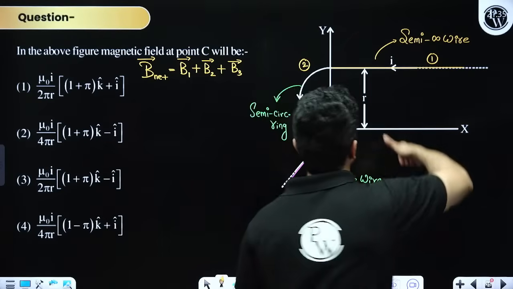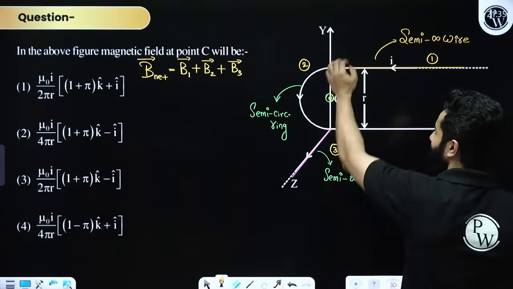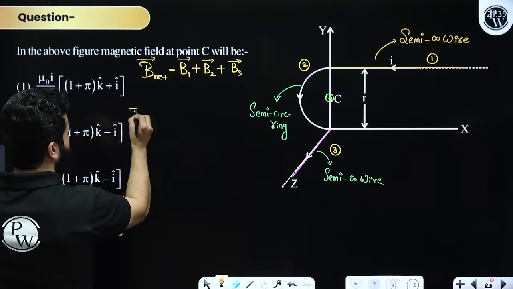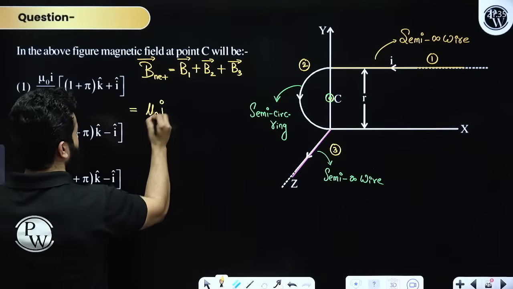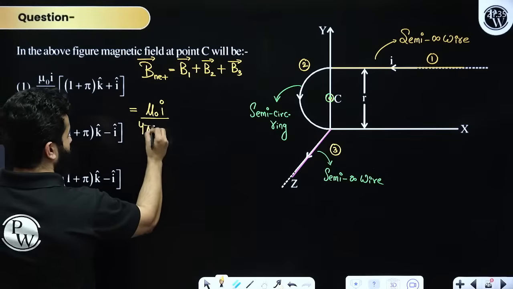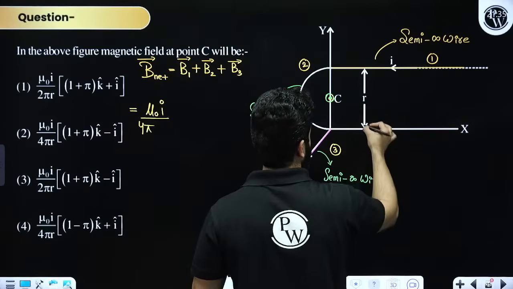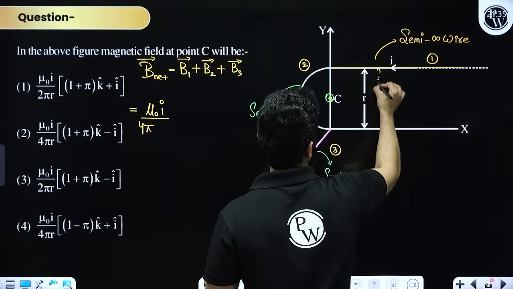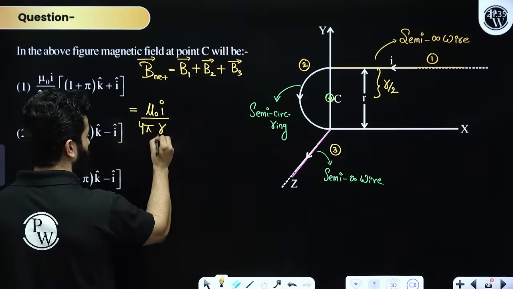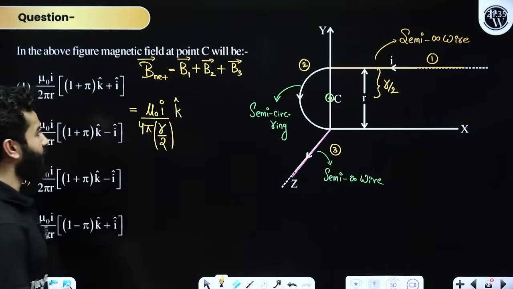Because of 1, the magnetic field is outwards, and outwards basically means, my dear friends, this is x, this is y, so outwards means k cap. So instead of B1 we write mu naught I upon 4 pi, and this distance is r by 2. This is really important because this complete distance is r, so this will become r by 2, and this will be in k cap.